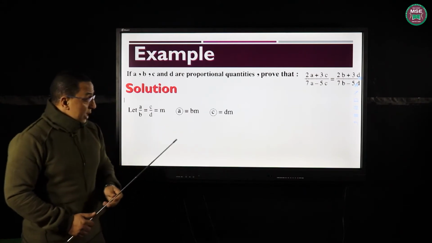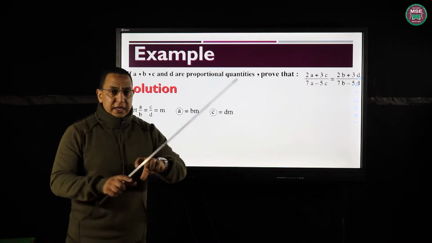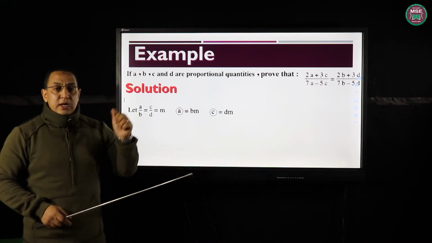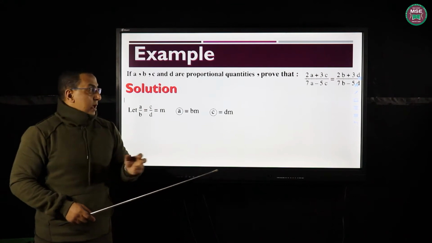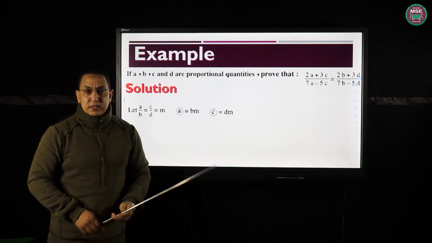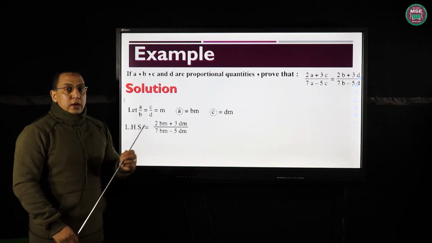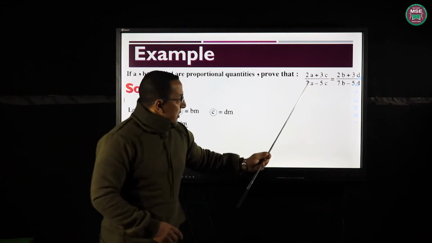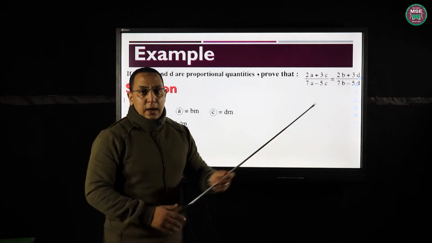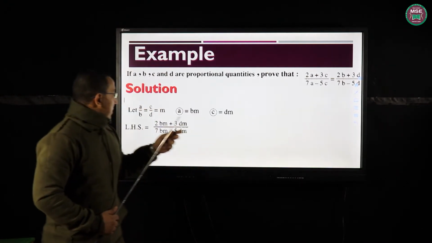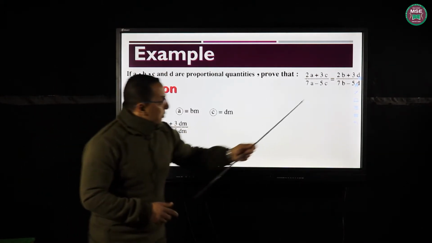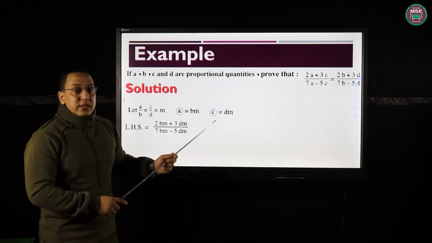I'm going to divide the expression into two parts, left side and right side. I'm going to start with the left side. Left hand side equals, in the left side we have a and c. I'm going to replace a with bm and c with dm.